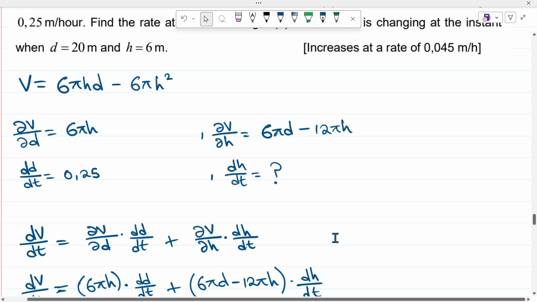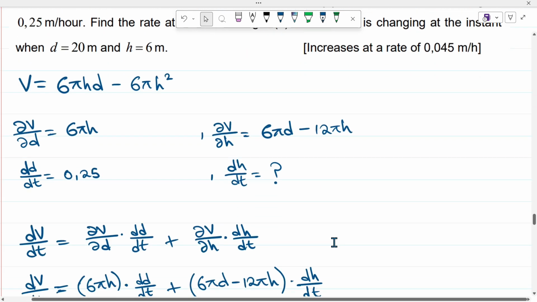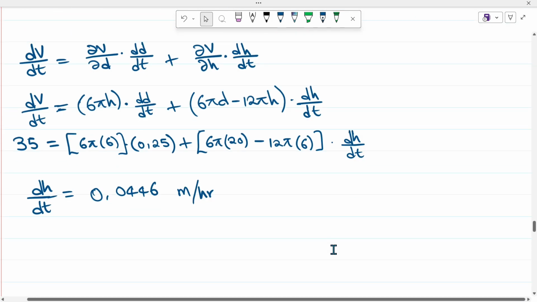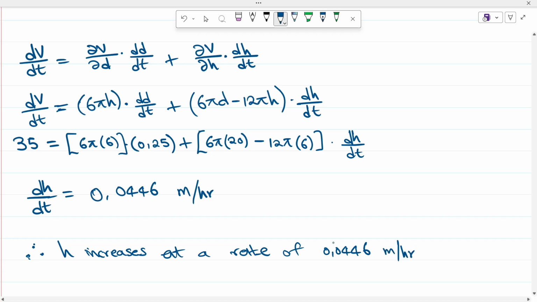Therefore that means h increases at a rate of 0.0446 meters per hour, just like that. So this will be your final answer for that question.